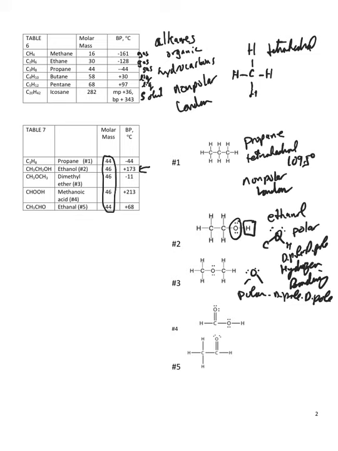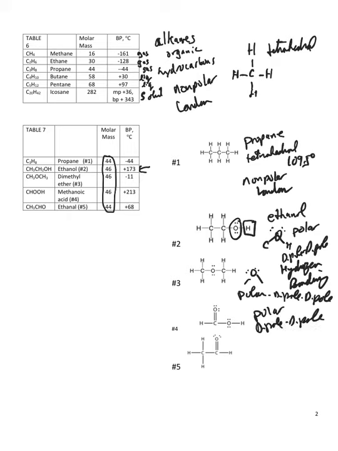Next one is methanoic acid. Different functional group. Functional group is what we call this collection of atoms that give it a particular chemistry. It's an organic molecule because it's got carbon and hydrogen, and also some oxygen in here. Got 2 oxygens, so that means it's going to be polar, so we've got dipole forces.